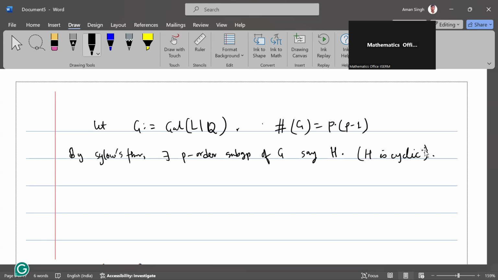Is this normal inside G? And also whether G is abelian or not, we have to check that also.